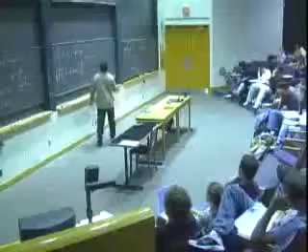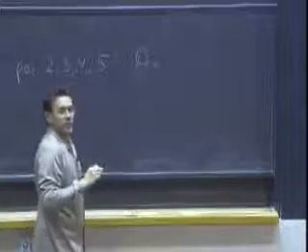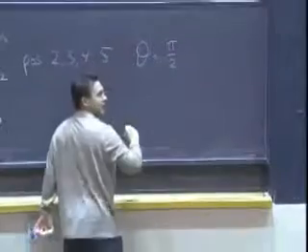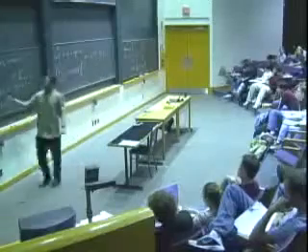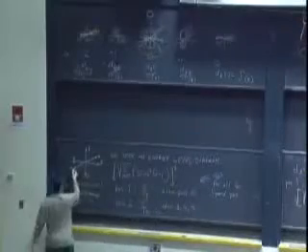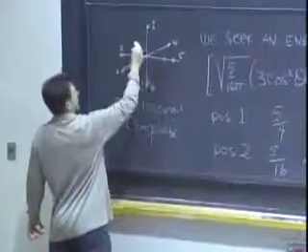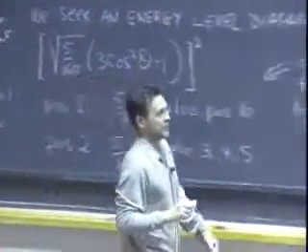We know that theta is equal to what? It's going to be pi over 2, and phi, of course, can be 0, pi over 2, pi, and 3 pi over 2 for any of those positions.